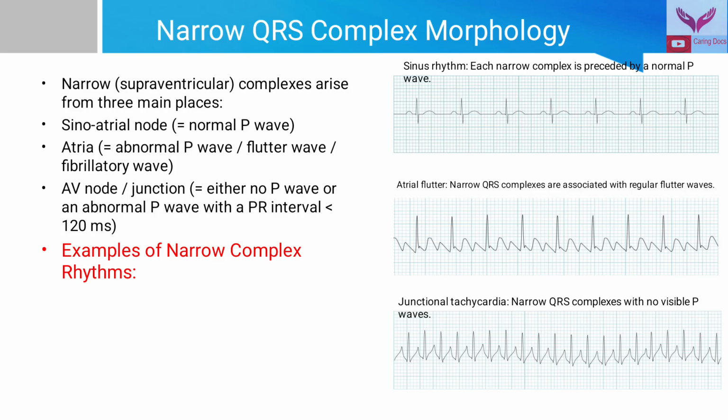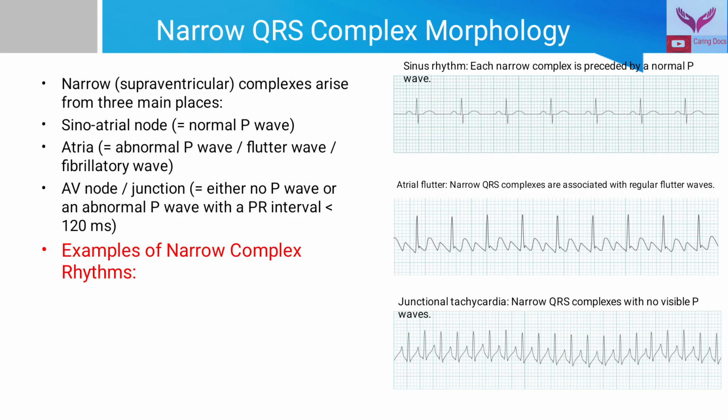They may come from the atria, then we will get an abnormal P wave, flutter wave or fibrillatory wave. Or at times when they originate from the AV node or junction, then either we don't get any P wave or we get an abnormal P wave with a PR interval less than 120 milliseconds.